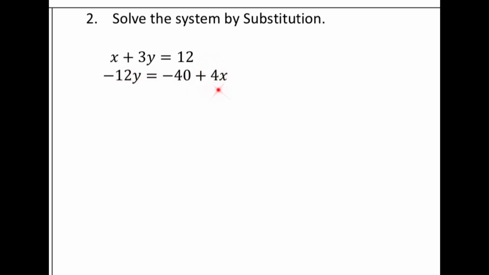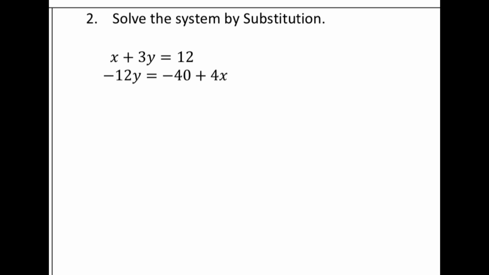I would solve for x here next best because I have to divide by 4. This gives me a whole number, and this would give me a whole number. Okay? If I divided by 12, I'd get a fraction, and I'd get a fraction. If I divided here by 3, I would get a whole number, but here I get a fraction. Okay?